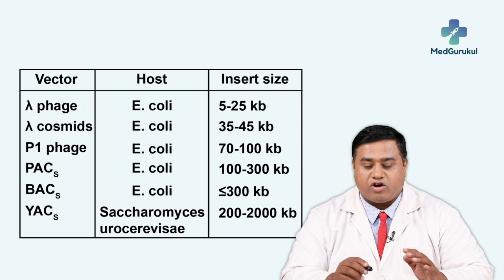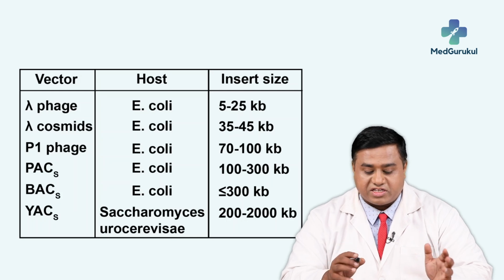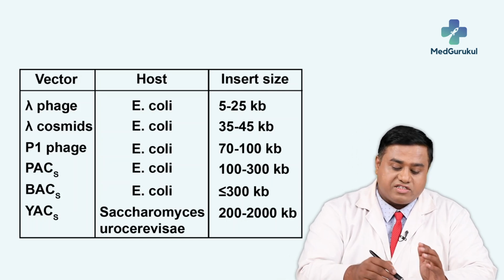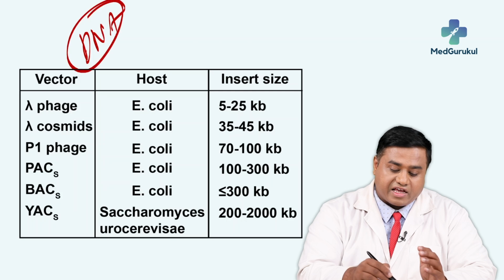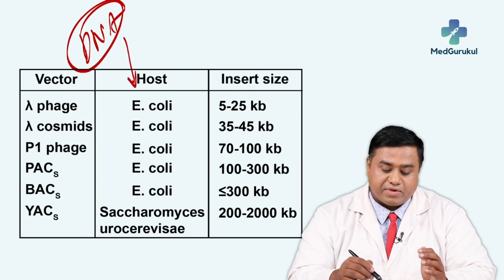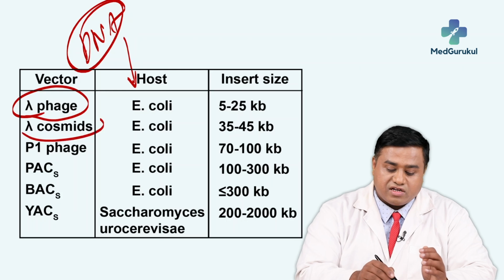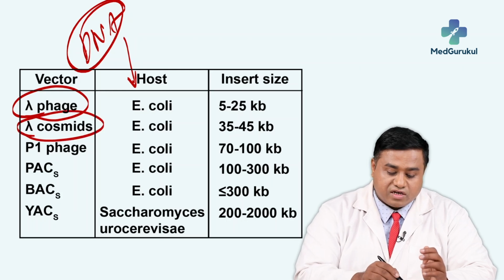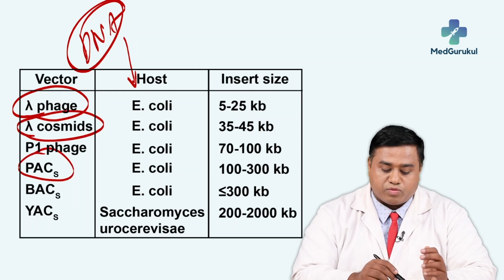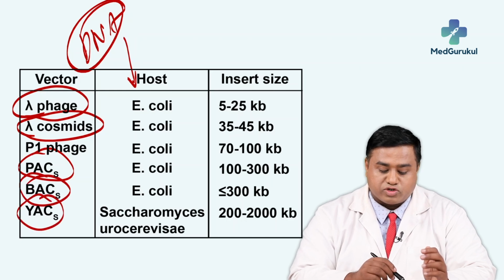So, there are a variety of vectors by which our gene of interest DNA can be transferred into the bacteria. They are called phage, lambda-phage, cosmids, plasmid artificial chromosome, bacterial artificial chromosome, yeast artificial chromosome.